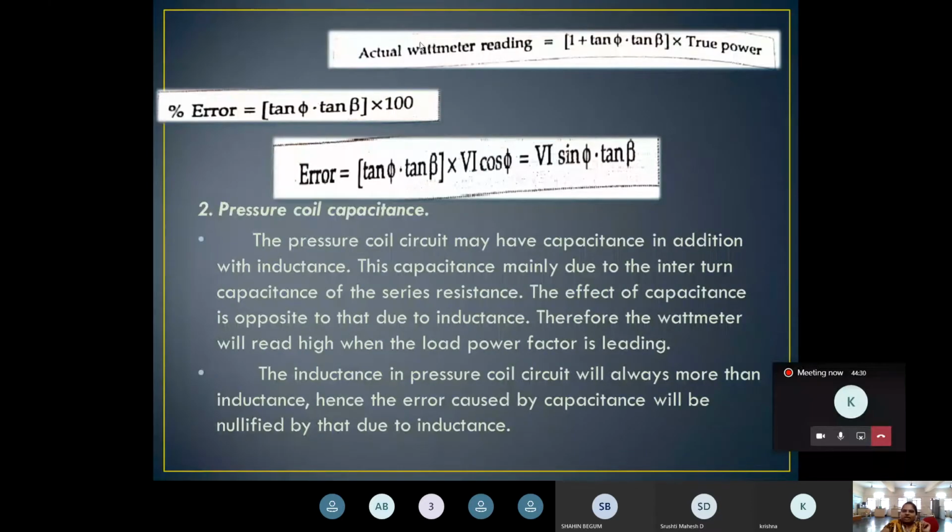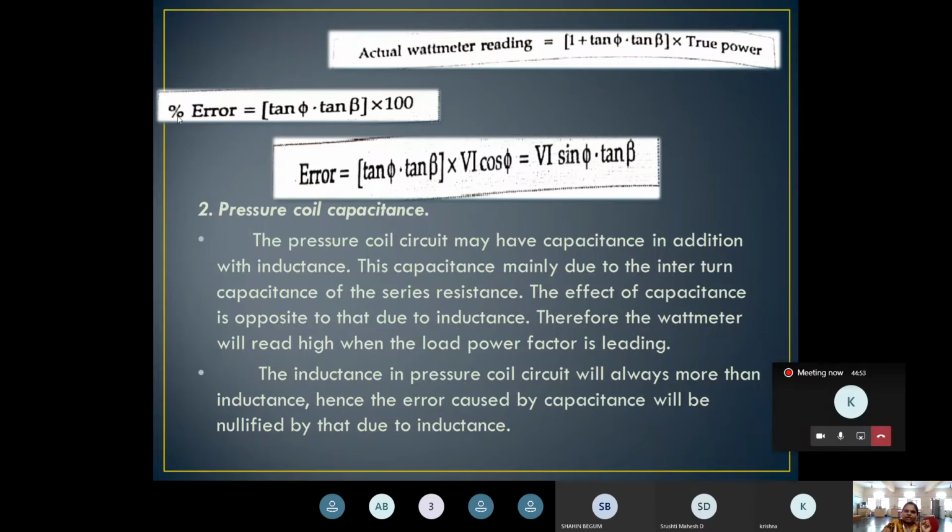Next, how can we find the actual wattmeter reading? By using this equation, that is equal to 1 plus tan phi into tan beta into true power.